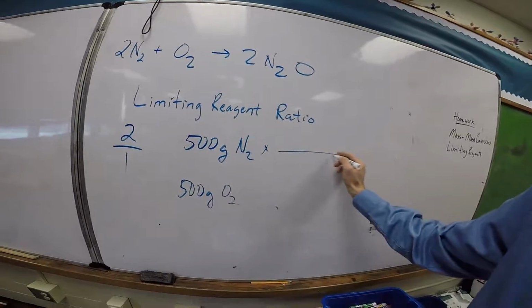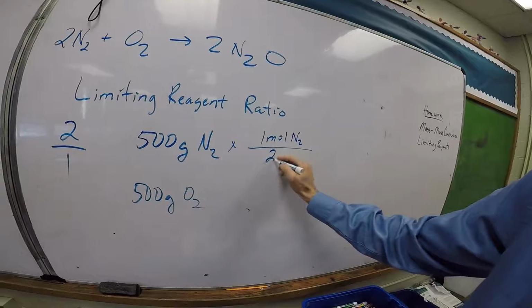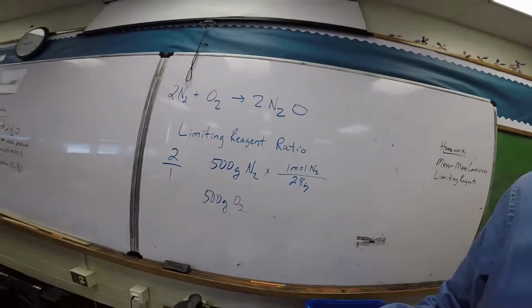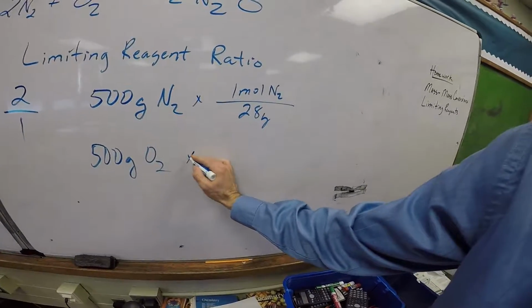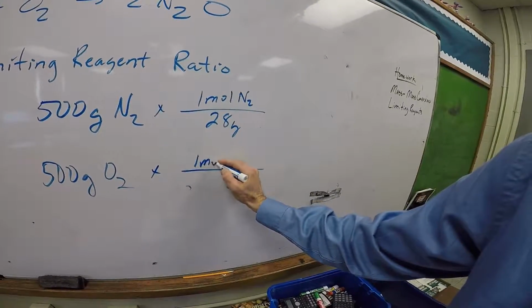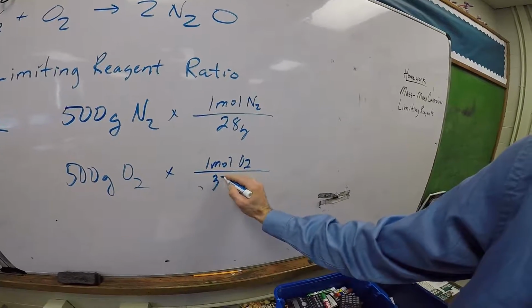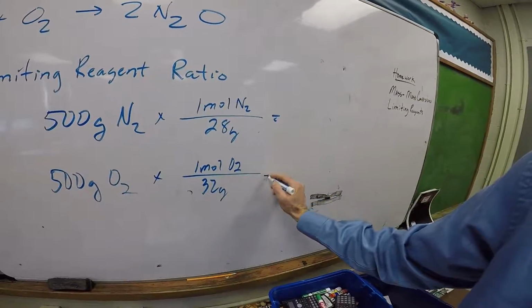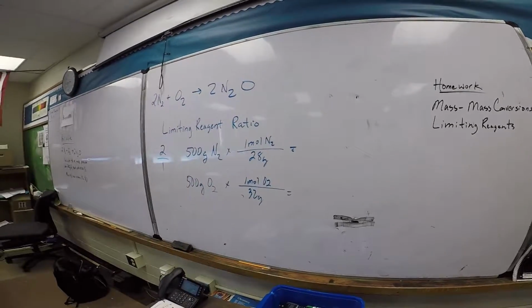So you go to the periodic table. 1 mole of N2 is 28 grams. Does everybody see that? Because nitrogen's 14 times 2. And then we have 1 mole of O2 is what? How many grams? 32 grams. So let's divide 500 by 28.